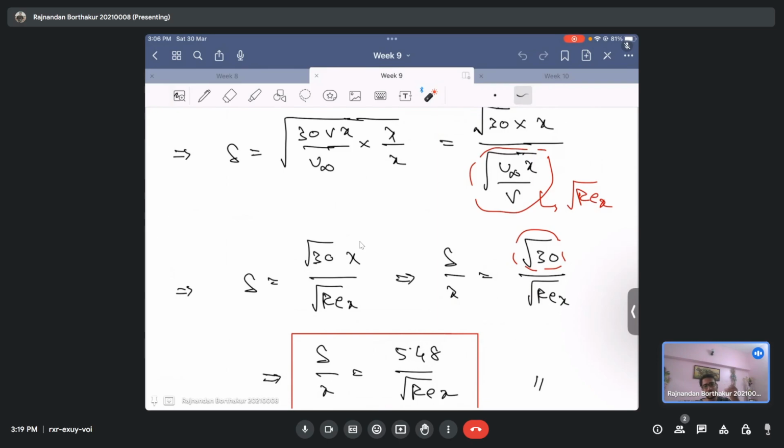So an analytical approach to that problem is not so trivial, and that's why the Blasius solution, even if it's an exact solution, has its own merits and demerits. That's the key takeaway.